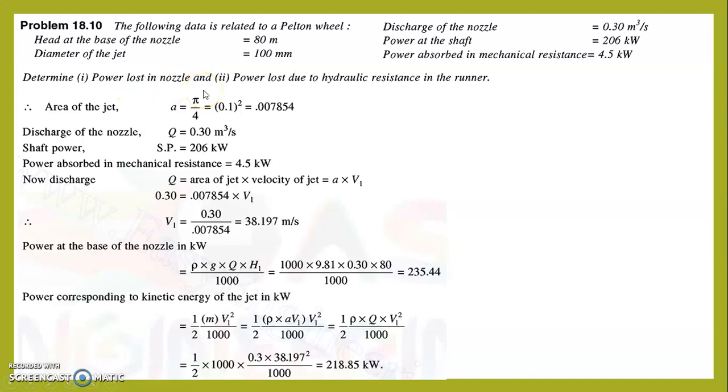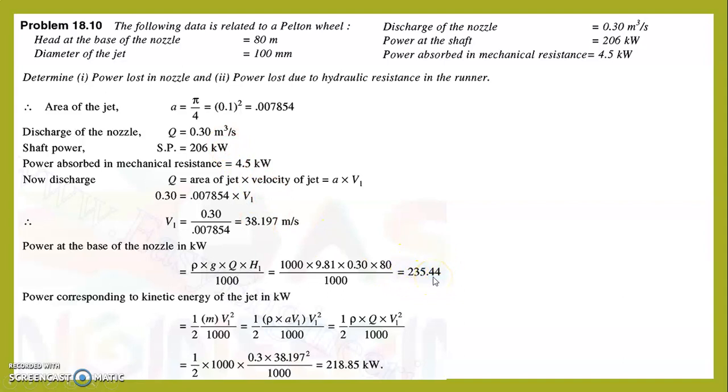So first we will calculate the velocity based on the discharge. Q is 0.3 meter cube per second, and Q is equal to area into velocity of the jet. We will get the velocity as 38.197 meter per second. This is based on the discharge. Okay, and next we will calculate, based on the head, how much power is developed.